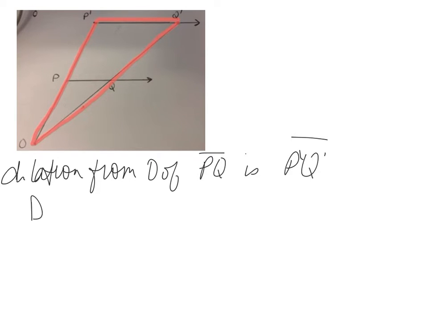So we can write it in function notation. Dilation of PQ equals P prime Q prime. So the dilation of segment PQ is equal to segment P prime Q prime.